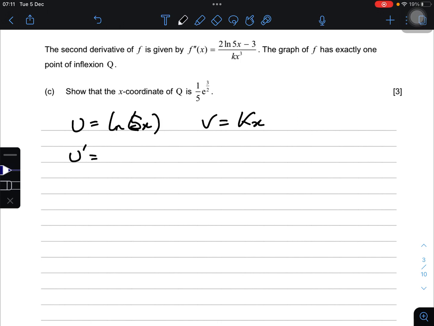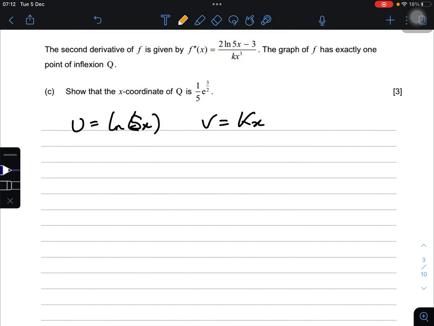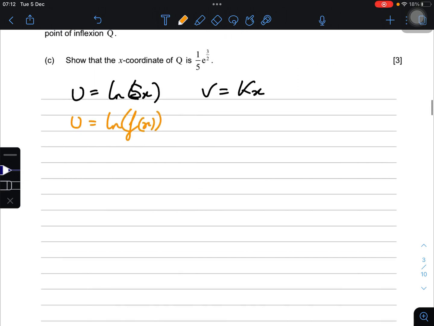If we've got ln of f of x, we've learnt that the differential u dashed would be f dashed of x over f of x. And so therefore u dashed here would be f dashed of x, so 5x differentiated is 5, over f of x, which is 5x. Well, that's just 1 over x.